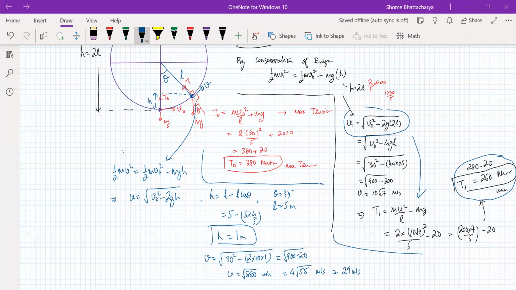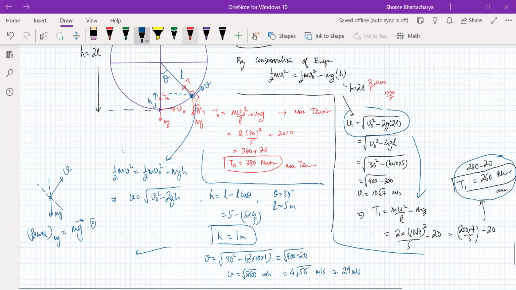So V will be something like this. Now you can see the power delivered by mg will be mg dot product with velocity. At that instant, velocity is like this and mg is like this, and this angle here is 37. So it is mgv cos of this whole angle 90 plus theta, so it is minus mgv sine theta.